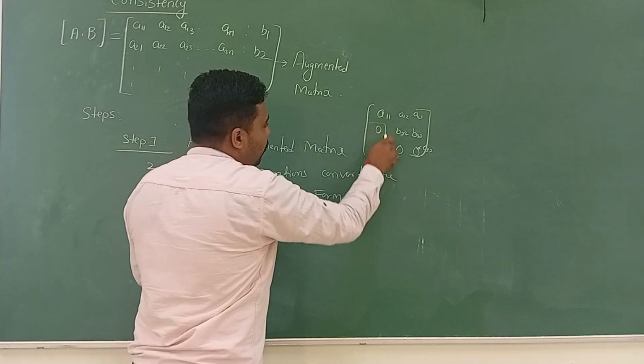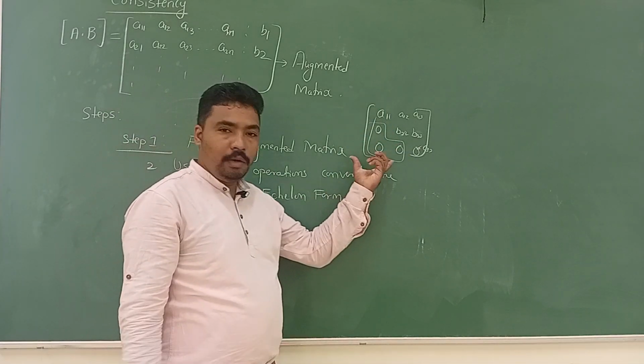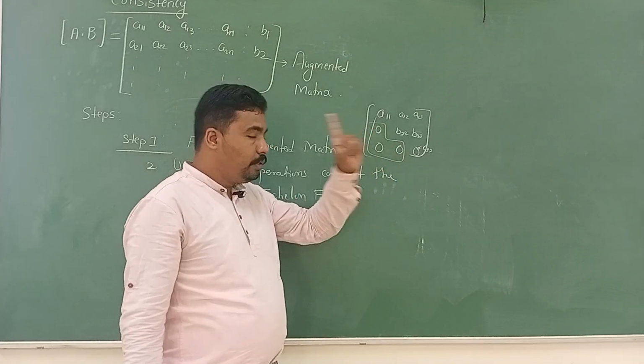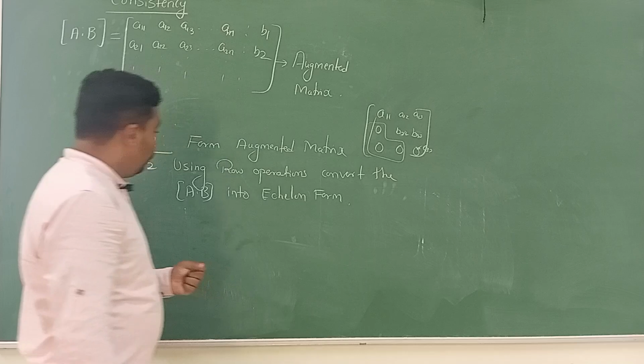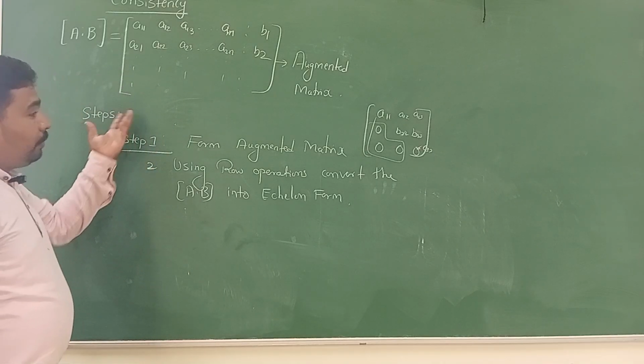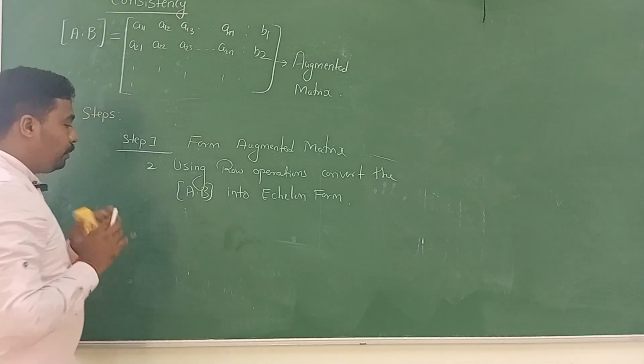If the lower triangular elements are 0 using row operations, then that will be referred to as echelon form. If the diagonal elements are 1, then it will be referred to as row echelon form. That you remember.